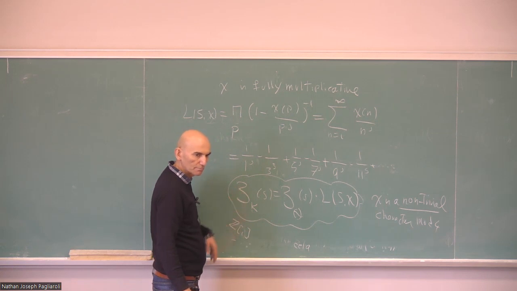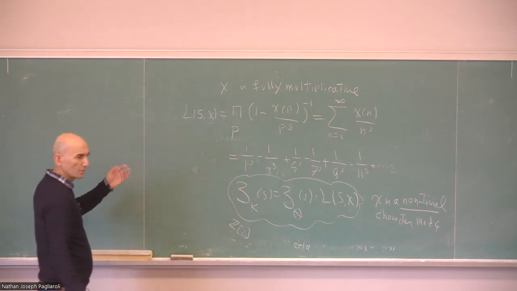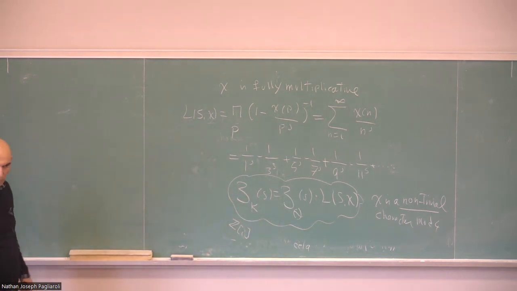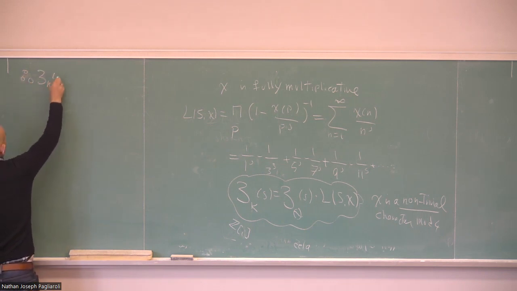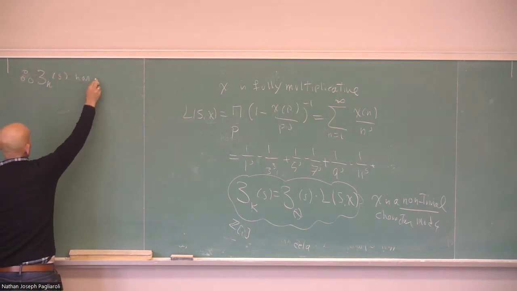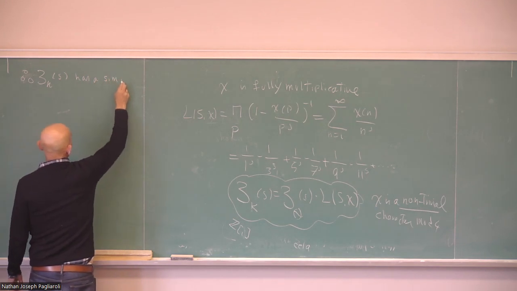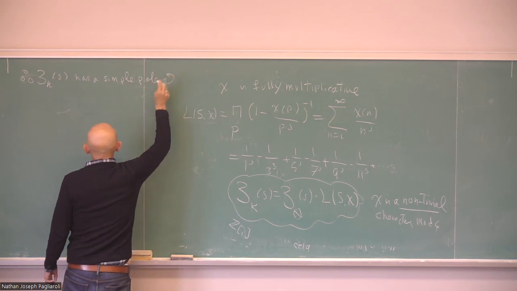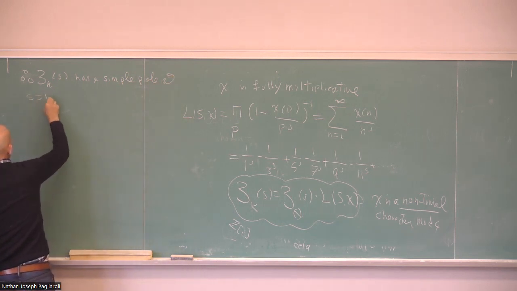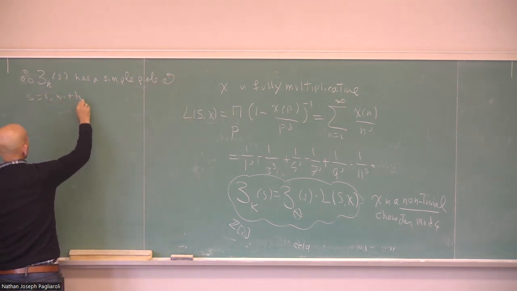I said Gaussian integers many times. Okay, so zeta_K of s has a simple pole at s equal to 1 with residue.